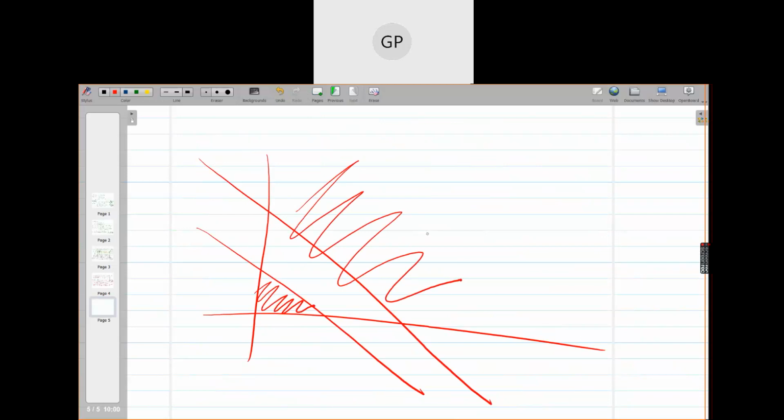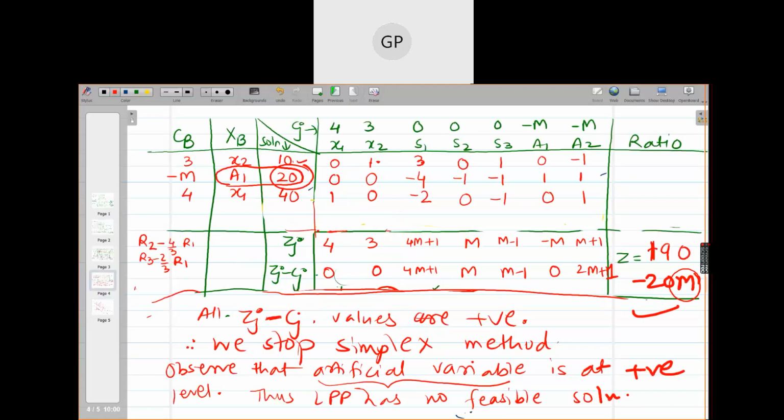Therefore, LPP has no solution. Okay. If you find this case of this type of graph, then there is no common feasible region and therefore LPP has no solution. But when we have more variables, it is not easy for us to draw the graph and visualize it. So we use simplex, and simplex tells us when the LPP has no solution.